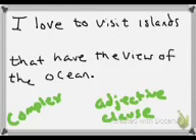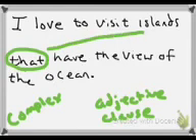I love to visit islands that have a view of the ocean, because my that here is explaining the type of island. It's modifying a noun, and this becomes an adjective clause. So it's just as simple as doing a little erasing.